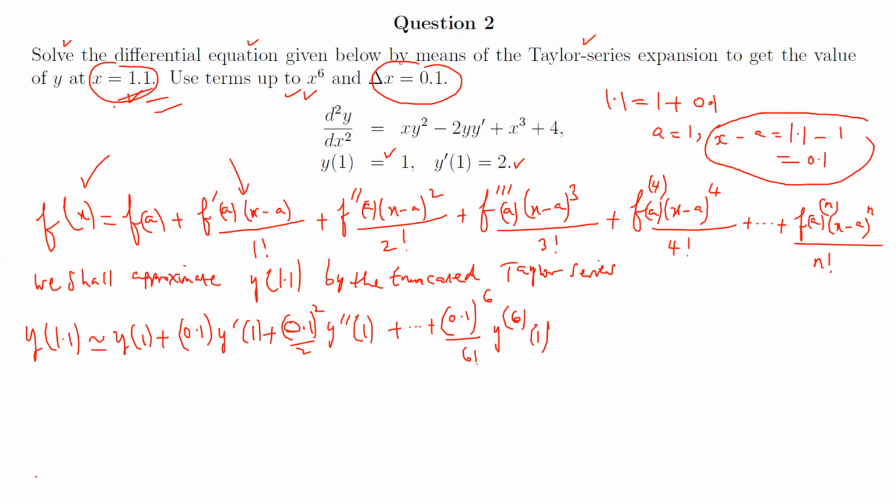Because x in the question is given to be 1.1, and I've written this as a Taylor series, which is done at first or second year, and also in the real analysis modules.